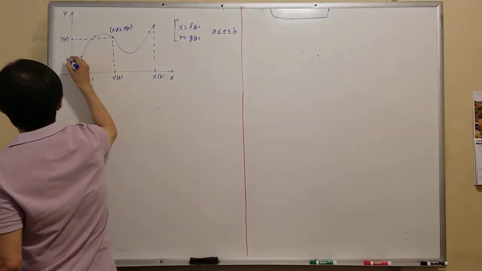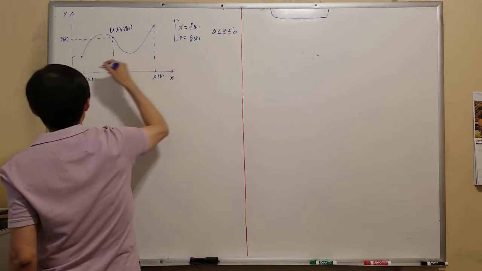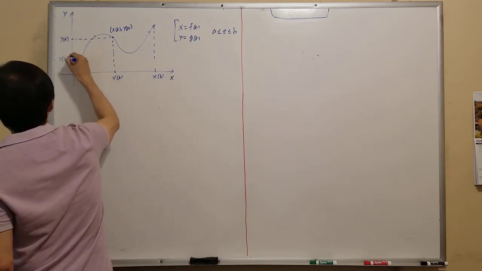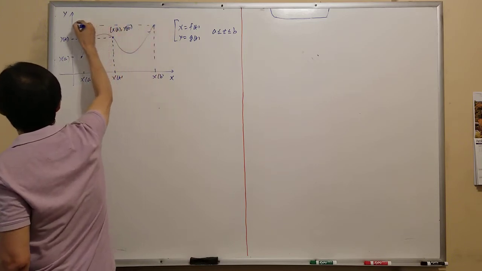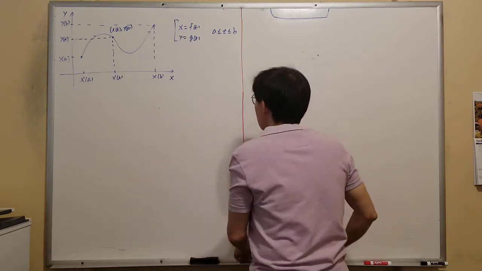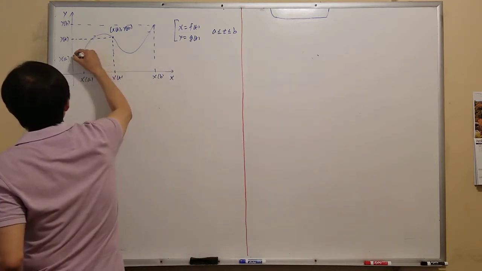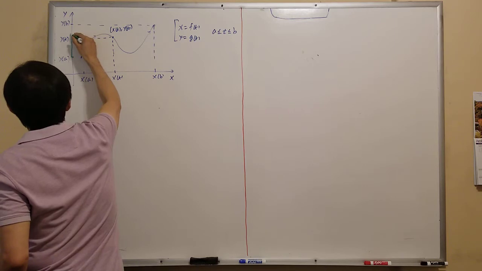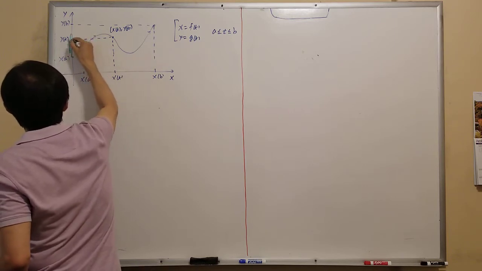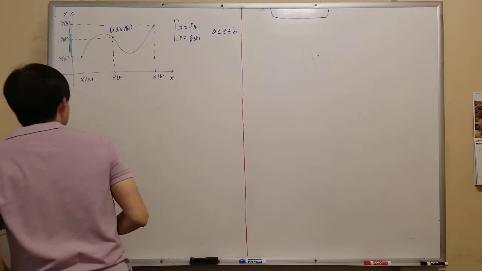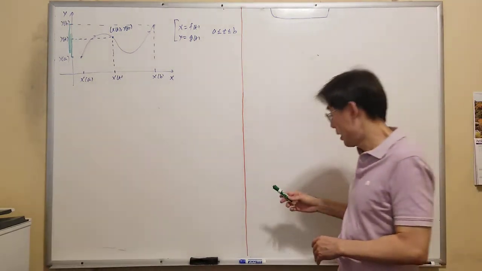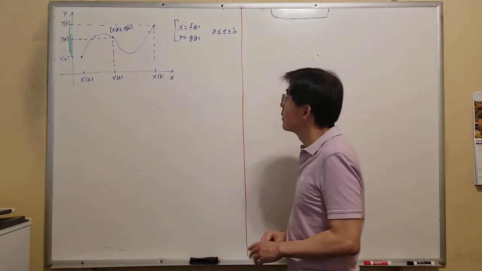For y of t, which is g of t, from y of a to y of b, it's going up and down, up to this, and up again. So, this is a parametric curve.